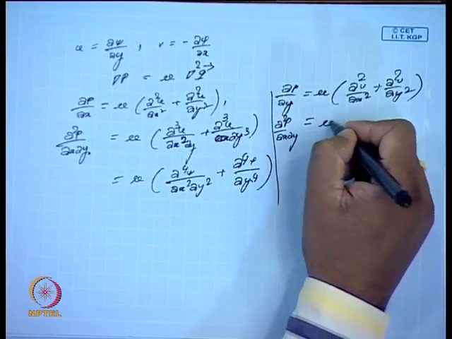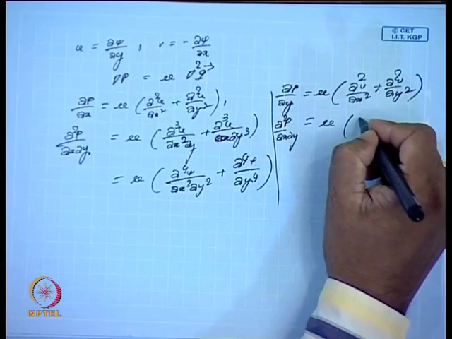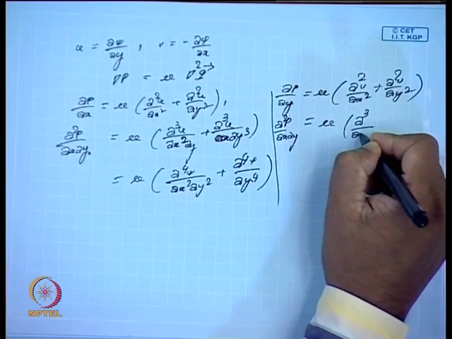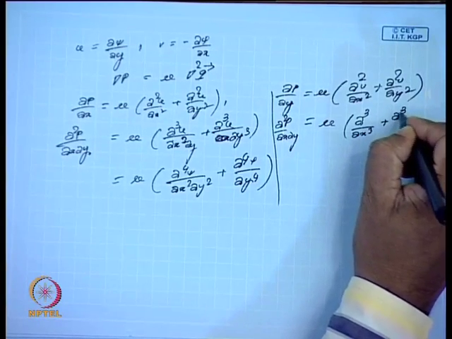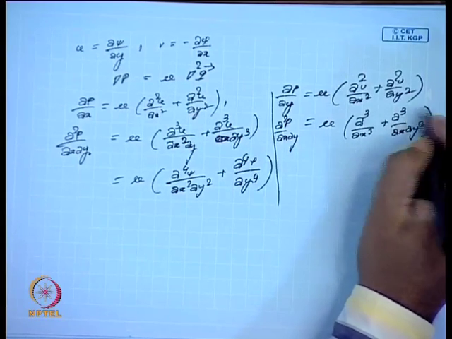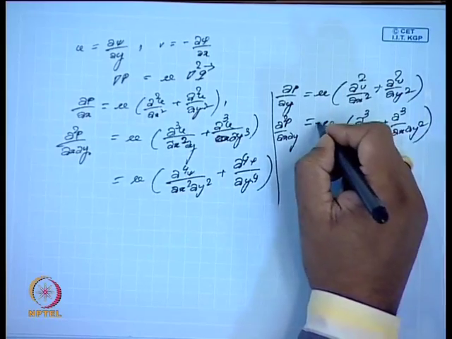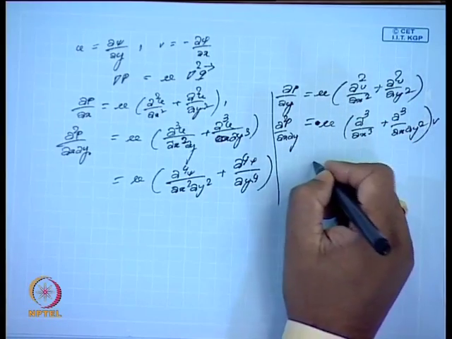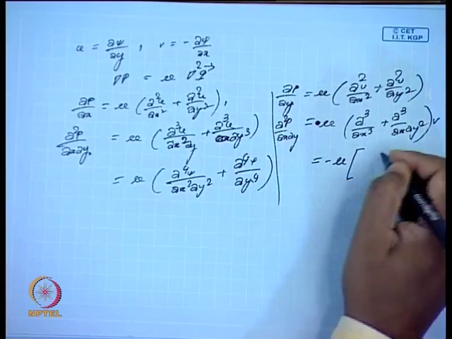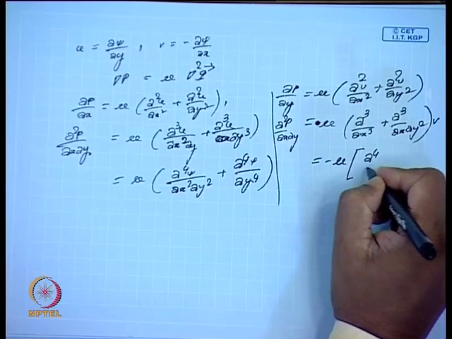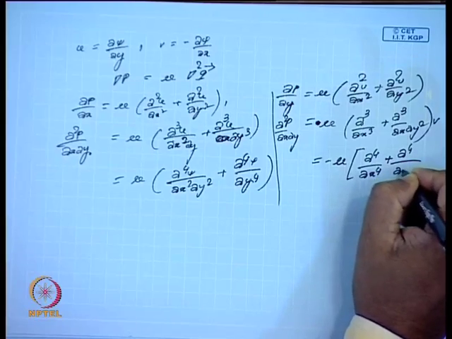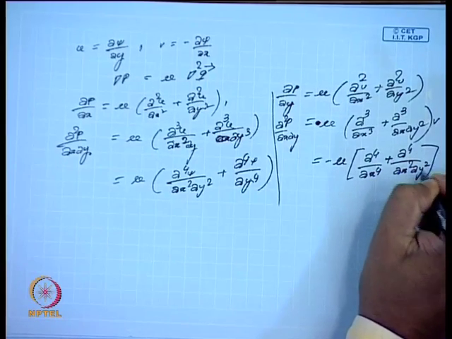So it gives me mu times del cube v by del x cube plus del cube v by del x del y square, and v is minus del psi by del x, so that gives minus mu times del fourth by del x fourth plus del fourth by del x square del y square into psi.